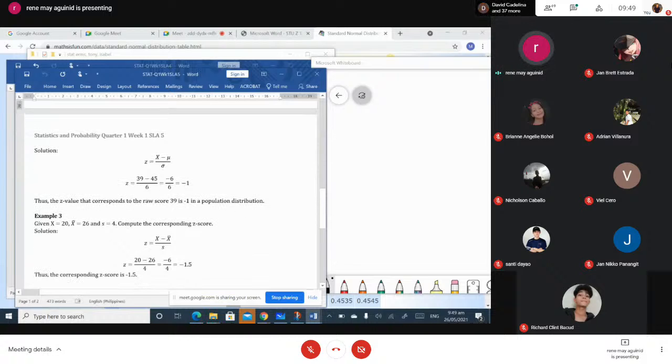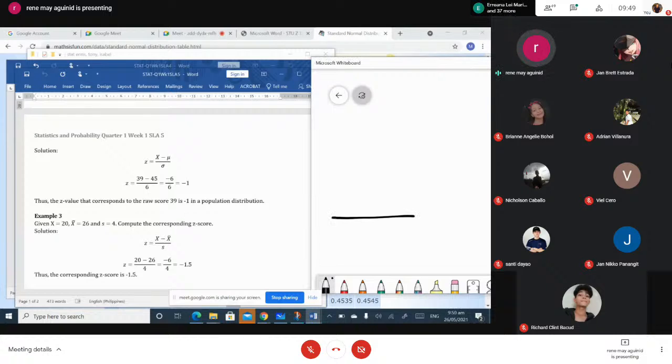So, 20 minus our sample mean, that is 26, over 4, that is the standard deviation of the sample. So, 20 minus 26, negative 6 over 4, you will have negative 1.5. So, as we nakita negative 1.5, of course, kung naka normal curve here, diri ang imong tunga-tunga, diri ang imong mean 26, and our standard deviation is 4, so ang interval niya is 4.